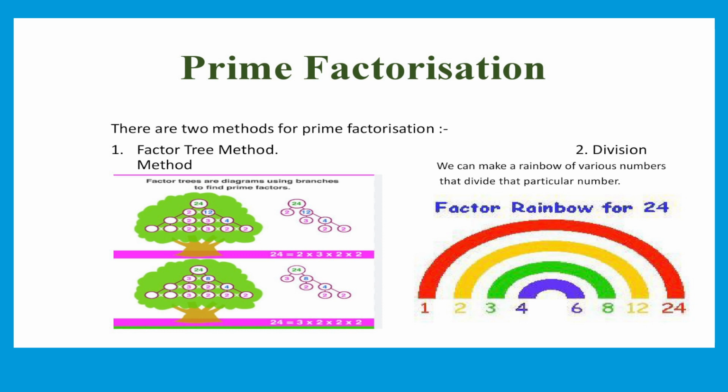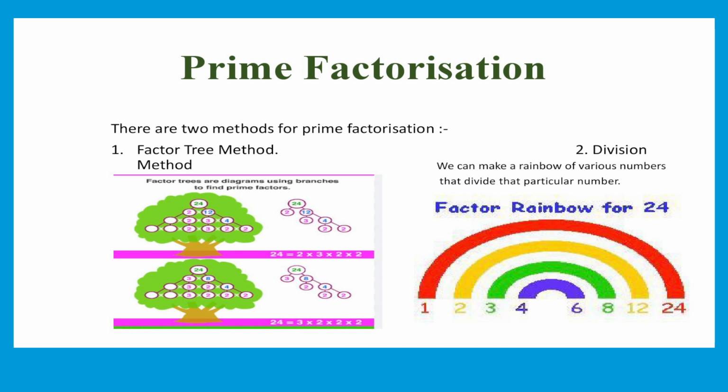Then we again make factors of 12, that is 3 multiplied by 4, and the factors of 4 are 2 and 2. So we make a branch or tree-like formation, and on multiplying the numbers we get the original number.